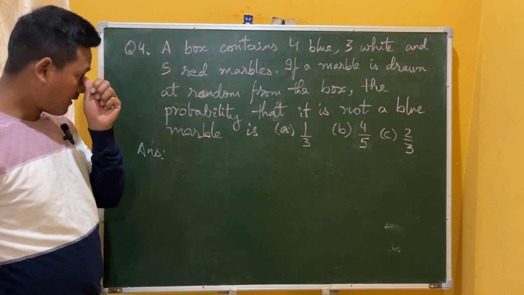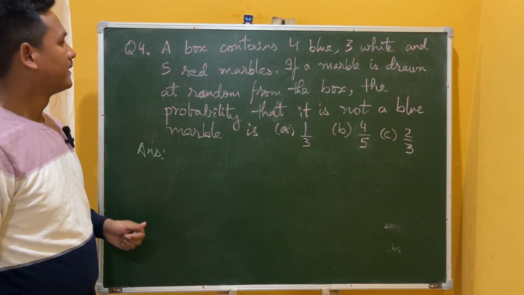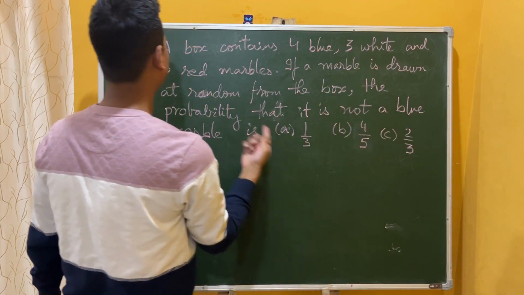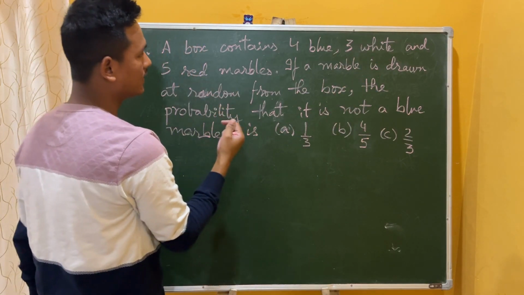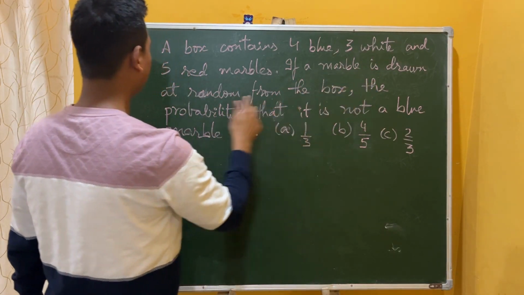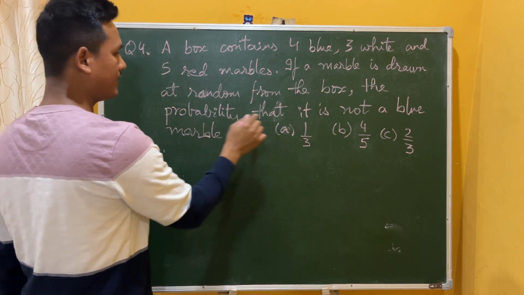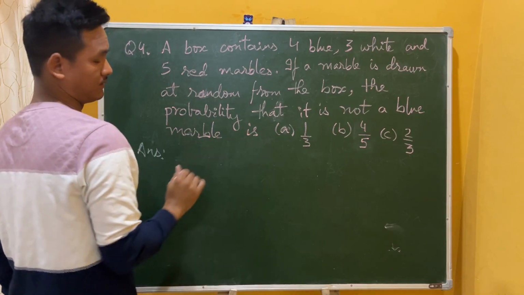Okay, here we have a question from probability. It says a box contains 4 blue, 3 white, and 5 red marbles. If a marble is drawn at random from the box, find the probability that it is not a blue marble.